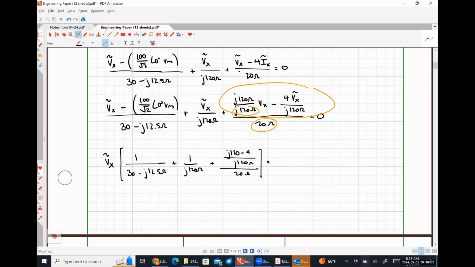And that will be equal to 100 over root 2 angle 0 degrees volts RMS, all of that divided by 30 minus j12.5. So anybody see anything too weird or wild with my algebra here?